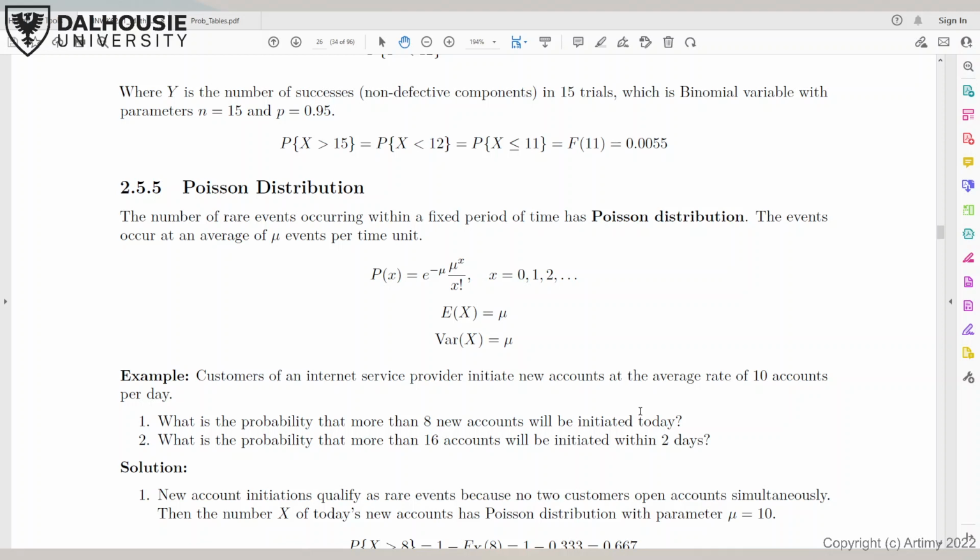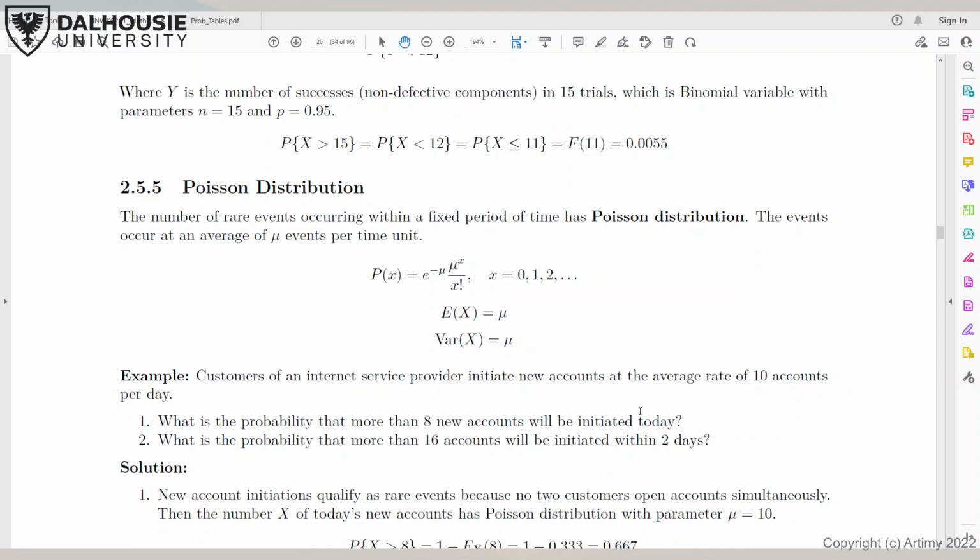So these events, the packets or the phone calls, we call them rare events. Why do we call them rare events? Because the assumption for the Poisson distribution is that they cannot happen simultaneously. When you receive packets, you're not going to receive packets at the same time, not on the same interface anyway. We assume the events are spread apart enough that they don't happen at the same time.